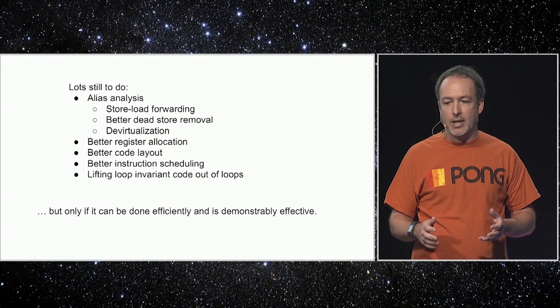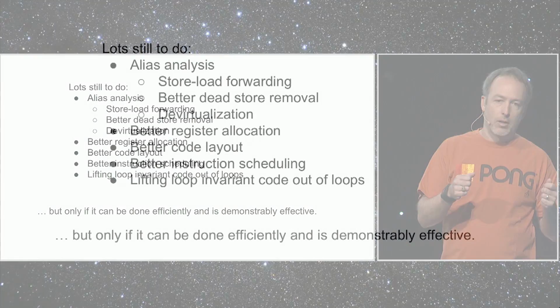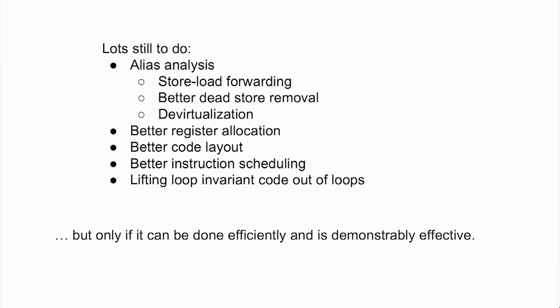So we're looking to do things like alias analysis, which goes through and figures out in your code where pointers point to, and can they possibly point to the same place, or do they always point to different places? And using that information, we can do better optimizations, like store to load forwarding. If you store something to a pointer and then load from it later, can we just pass that in registers instead? And with better alias analysis, we can do a better job of that optimization.